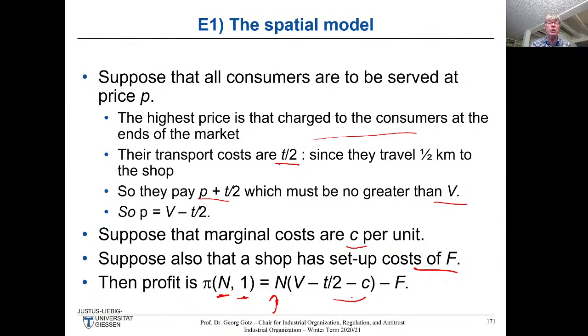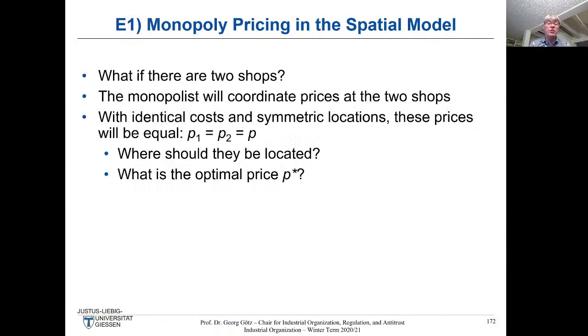Hopefully this was clear. Then of course the question is, what would happen if we add another shop? If we add another shop, the monopolist will coordinate prices at the two shops, so she will charge the same price in both shops. If the costs are identical, we will also see symmetric locations, and these prices will also be equal.